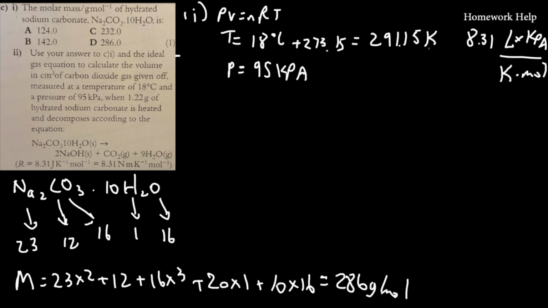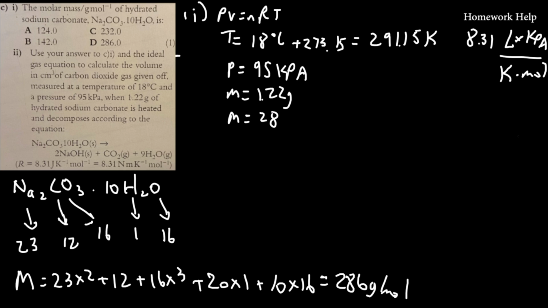It's giving us mass, 1.22 grams of hydrated sodium carbonate. And we also have the molar mass down here because we figured that out. So molar mass equals 286 grams per mole.